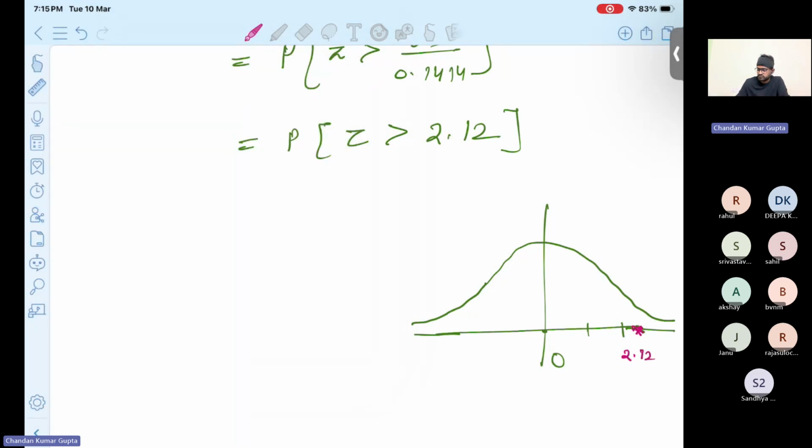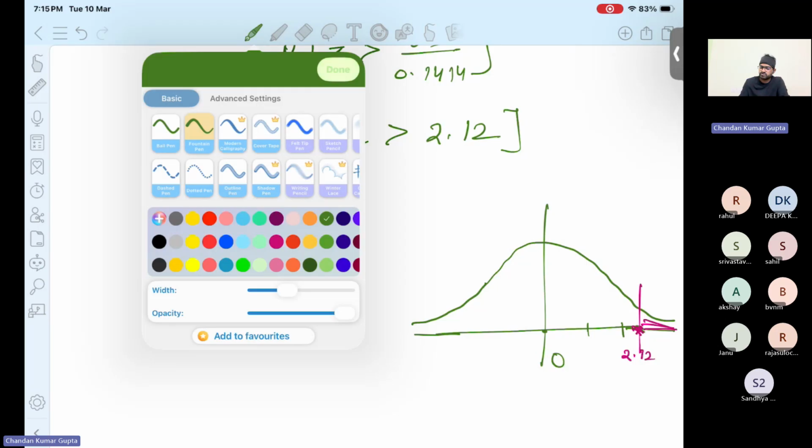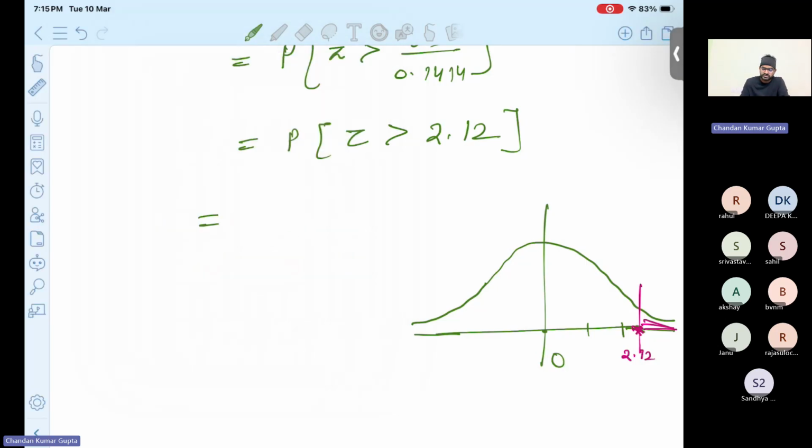The probability greater than this is quite less, if you remember the normal curve. After solving, this value comes out to be 0.01695. When you see the table, you may find this. In the previous class, we already learned how to read the table. So this is the final answer.